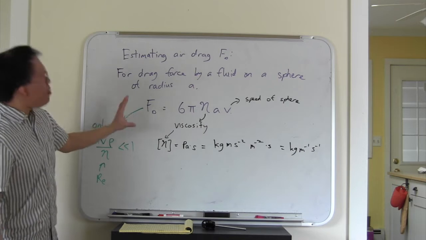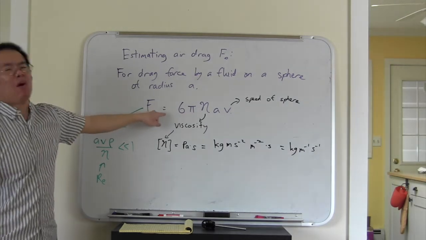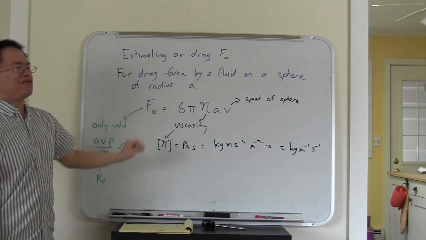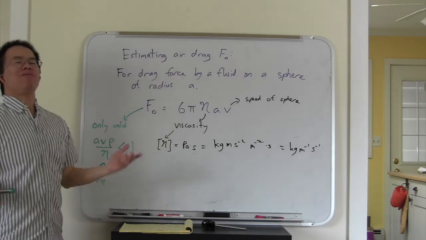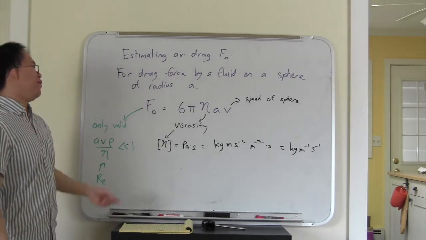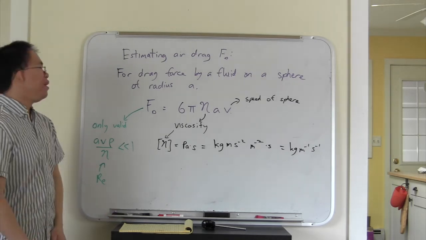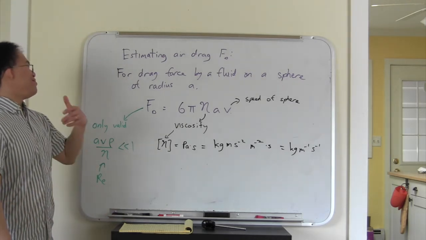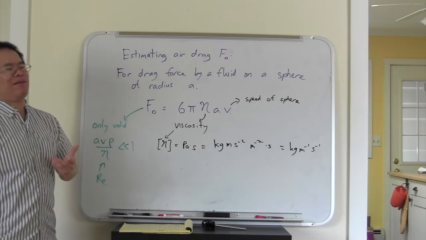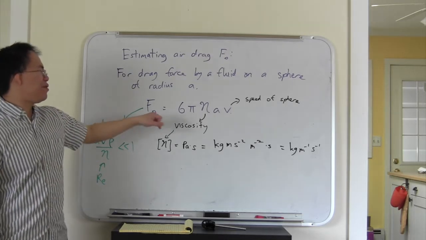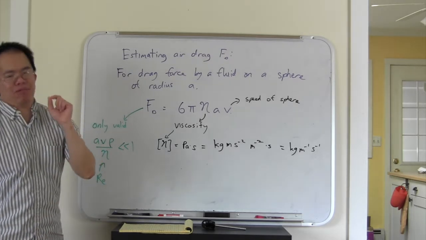But the point is, this equation is only valid in the low Reynolds number limit. And if you run the numbers, I think you can convince yourself that we are not, in fact, at low Reynolds number. Now, that's kind of okay in the sense that whatever we calculate with this is going to be wrong.